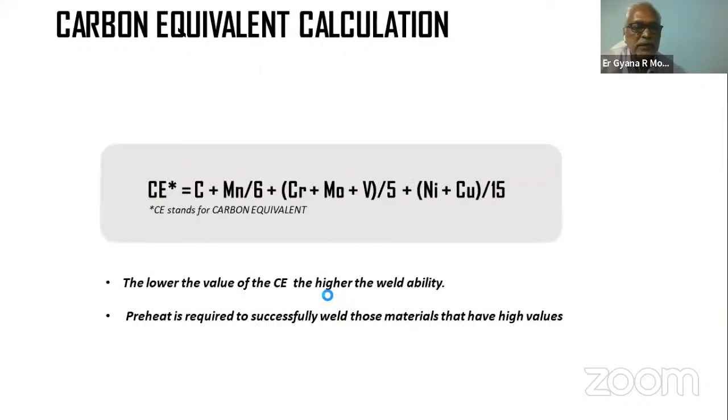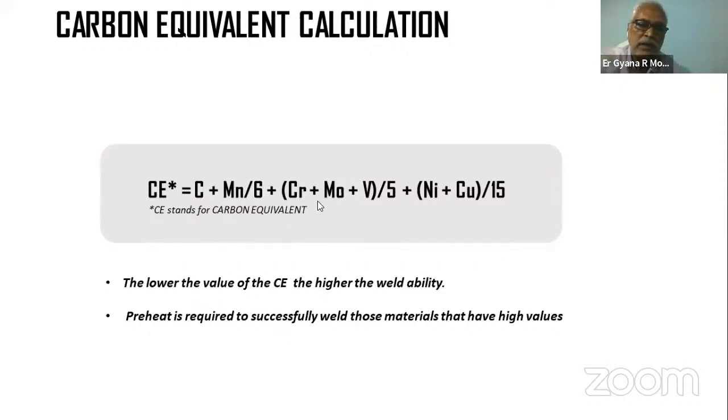This is the carbon equivalent of the parent material. This carbon equivalent is a very important component when we are welding a particular material. What is the meaning of carbon equivalent? Carbon equivalent is an empirical number on the basis of which we can predict whether a particular steel is weldable or not weldable.